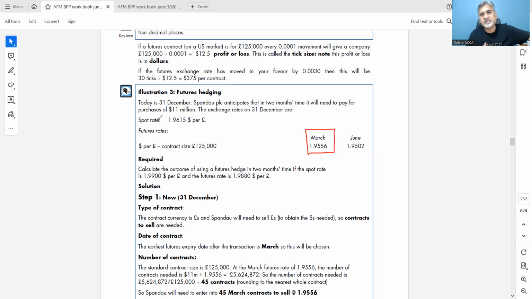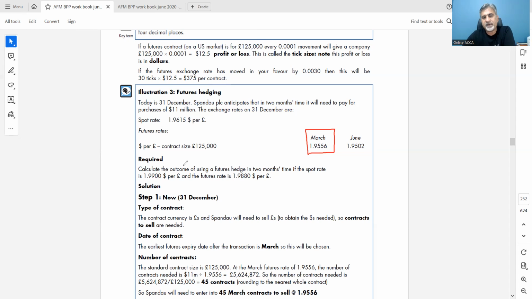And to protect myself, I need to enter into another transaction with another party for a future contract. So any loss which I make on my actual dollar purchase, some part of that loss, I will recover from my second transaction. This is the idea. So now, how do we execute that?